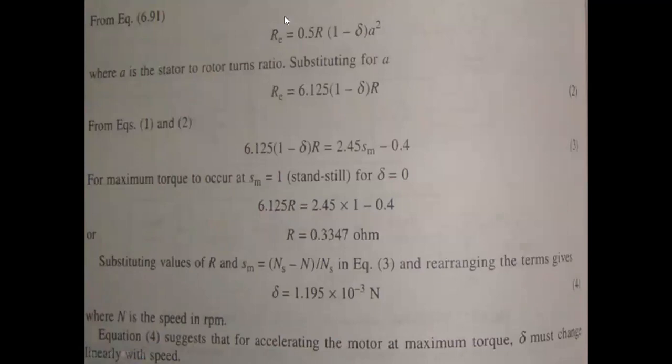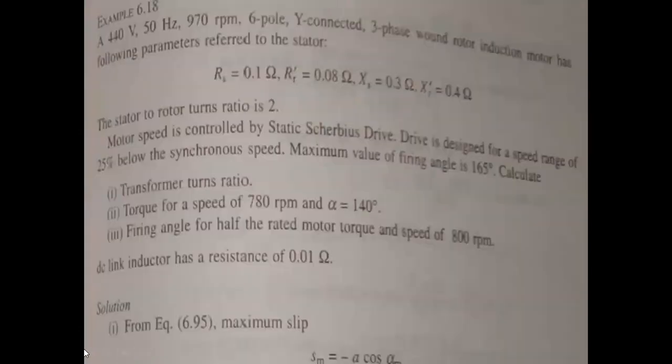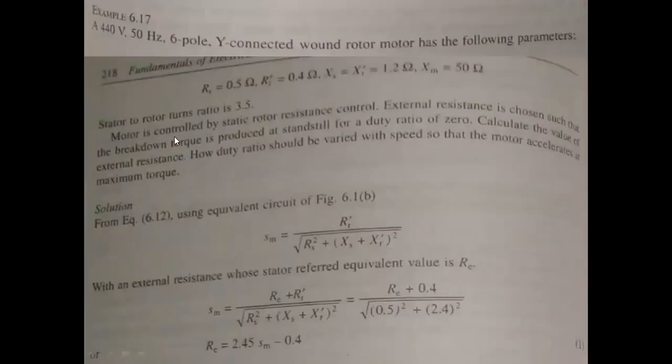Here A is the stator to rotor turns ratio, and actually this is the general formula. Substituting the value for A that they have given, the stator to rotor turns ratio is 3.5.